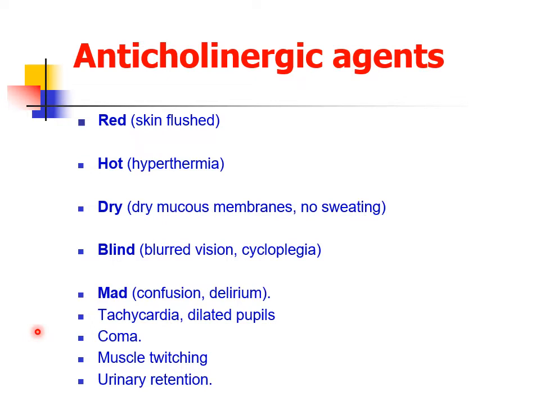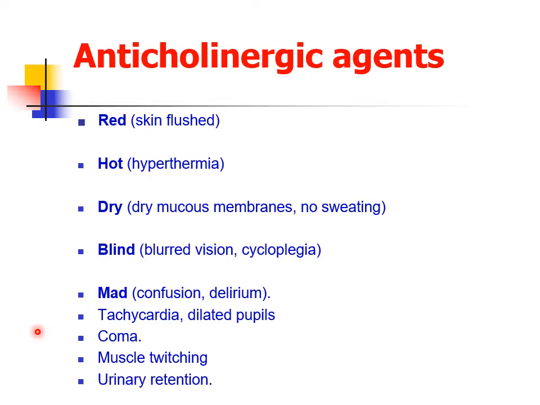Classic anticholinergic antimuscarinic syndrome is characterized by skin flushed, red, hyperthermia, hot, dry mucous membranes, no sweating, dry, blurred vision and cycloplegia, blind, confusion, delirium, mad.